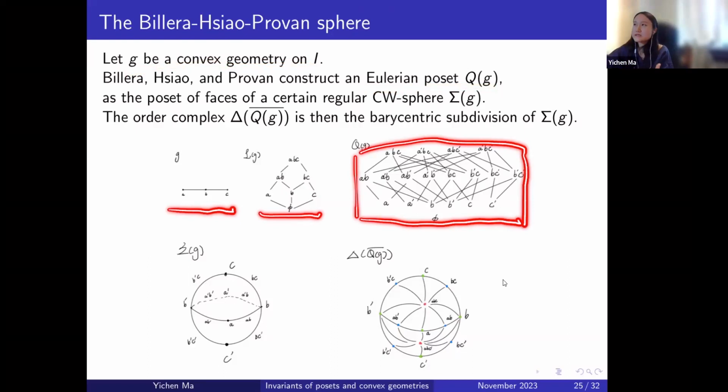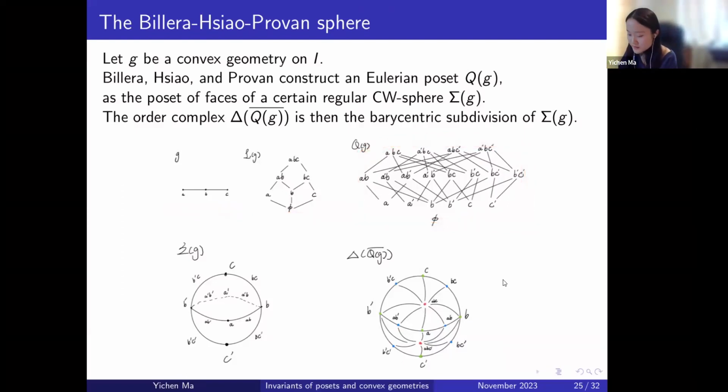This poset is determined by extreme values of the convex geometries. From this Eulerian poset, we can determine a CW sphere. This is not simplicial, only a CW sphere. And then we can obtain another order complex by doing the barycentric subdivision of the CW sphere. This result is nice because we indeed have a colored simplicial sphere in which the Bayer-Billera relations happen on the flag F vectors.